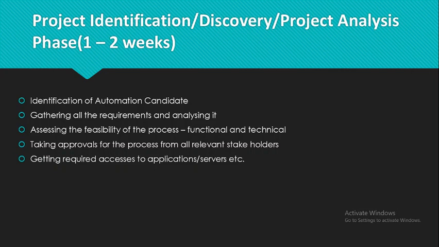And once you have all the approvals, it is your prime responsibility to get the required access for all the applications or servers, because once we move into the development phase, the developers will require access to all the applications or servers involved in this particular process.